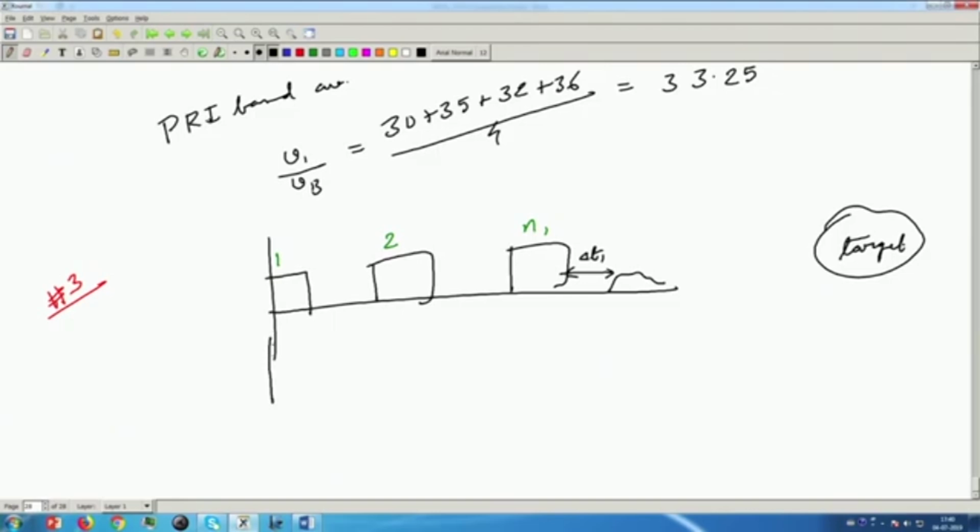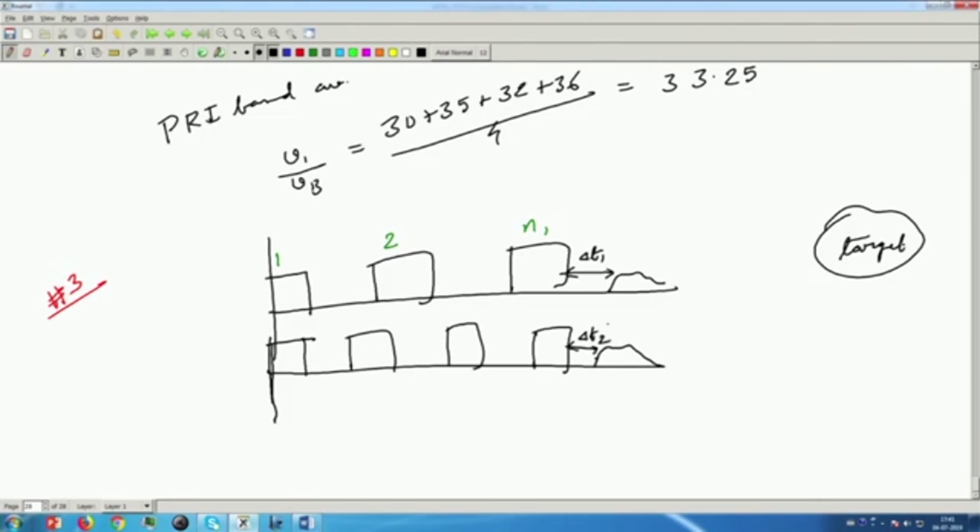Now, in this case, the PRF is different. So, first one is this, then the echo is coming in the same time, but this one is delta T2 and these numbers are different, 1, 2.